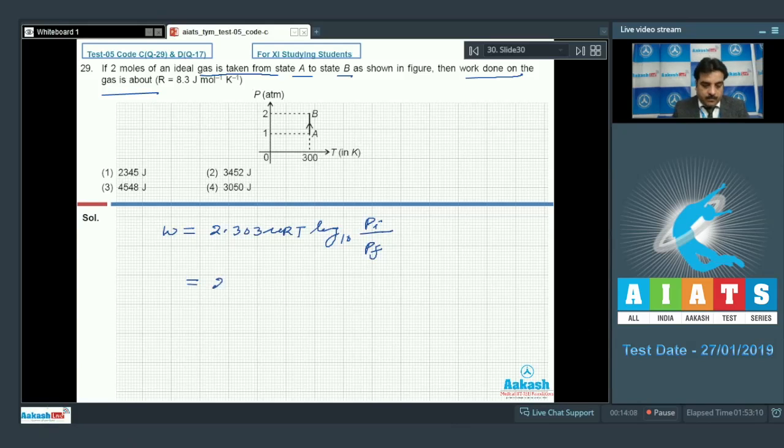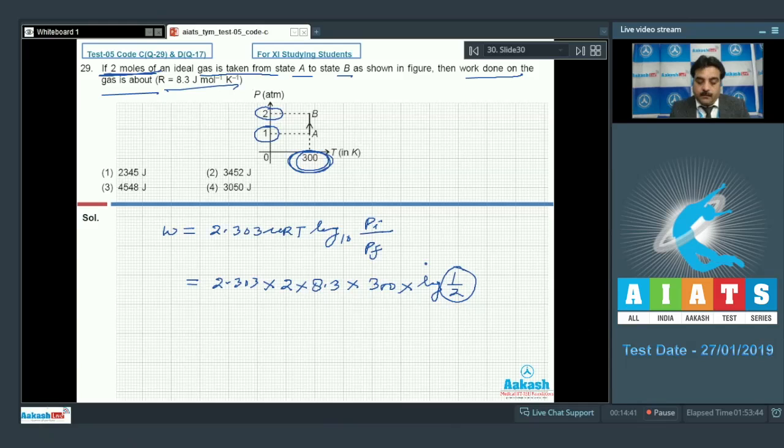If I place the values: 2.303, the value of μ according to the problem, that is 2 moles, and I need the value of the ideal gas constant, that is given as 8.3, and temperature is 300. You can observe it by the graph. So we'll write 300 and log of initial pressure 1 over final pressure 2, so I will write 1 upon 2. And one thing, you can change log 1 by 2 into 2 by 1 by taking a negative sign.